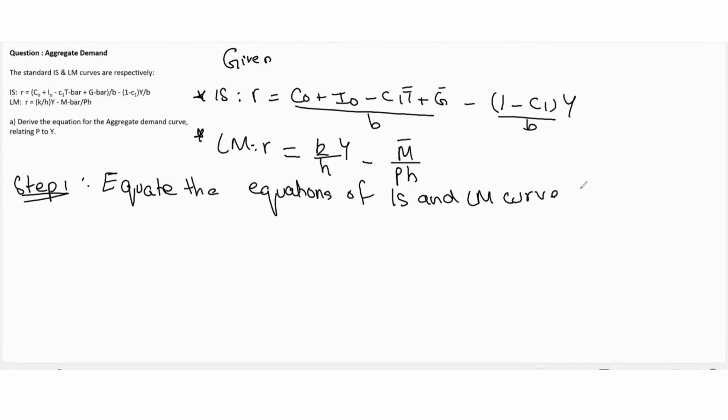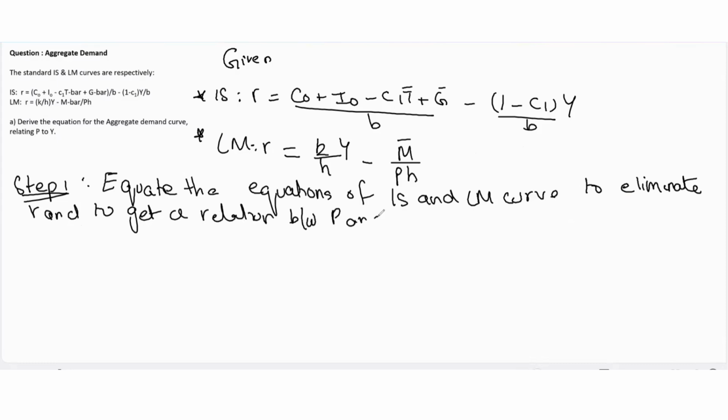This will do two things. This will eliminate r, which we do not need, and get a relation between P and Y such that both goods market and money market are in equilibrium.